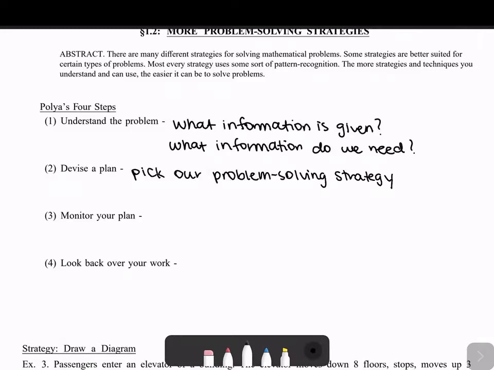Okay, and so then we solve the problem, and while we're solving the problem, we will monitor our plan. So in this step, we make sure we understand every step. Math is very methodical, right?